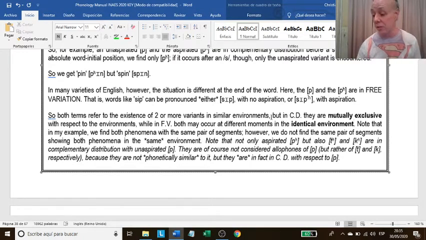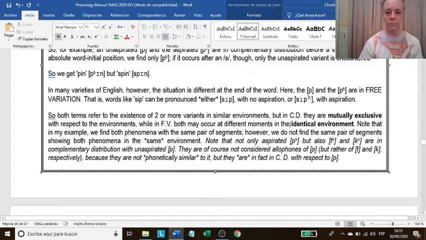Free variation shows the same environment. The sounds occur in the same environment, word final position. But whenever there is complementary distribution, the environments are mutually exclusive. Okay? What does it mean? What is the implication of this?